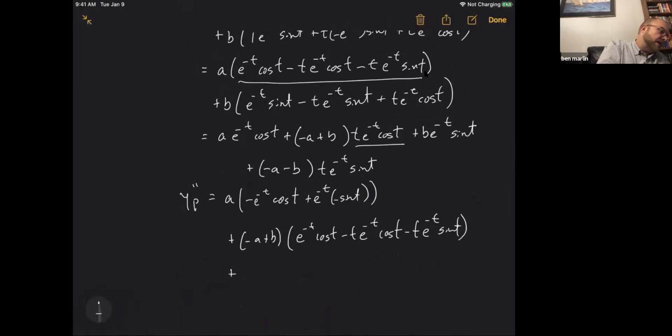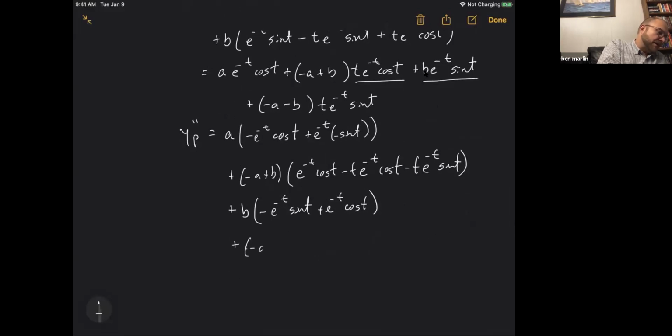Plus, what was the next part we're taking the derivative of here? The next part is this b e to the minus t sine t. So we'll have b times minus e to the minus t sine t plus e to the minus t, and the derivative of sine is cosine t. Okay.